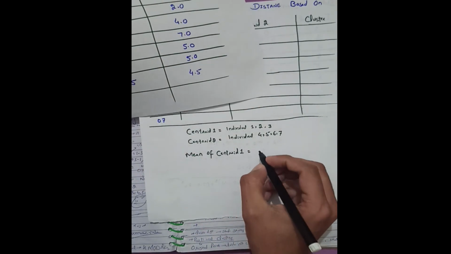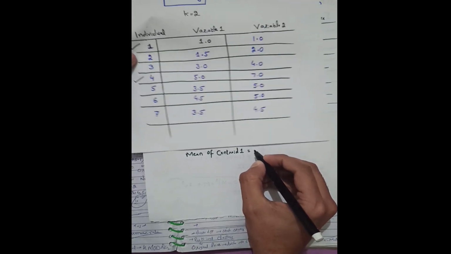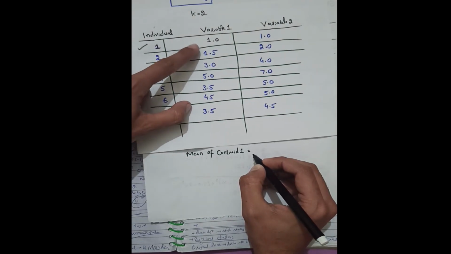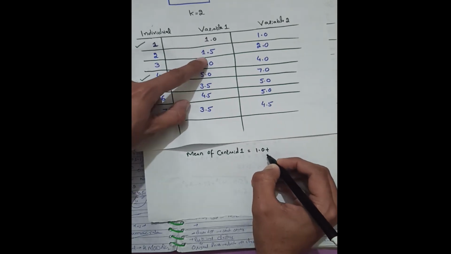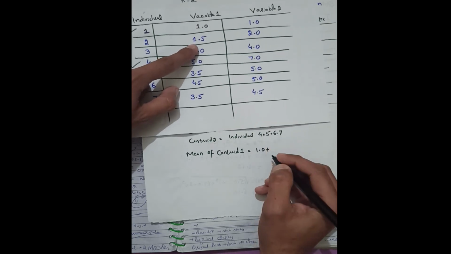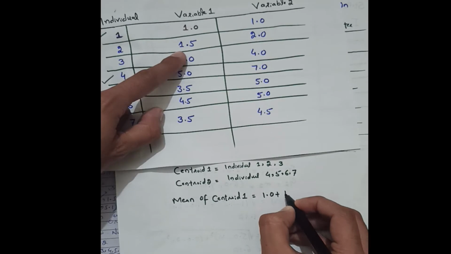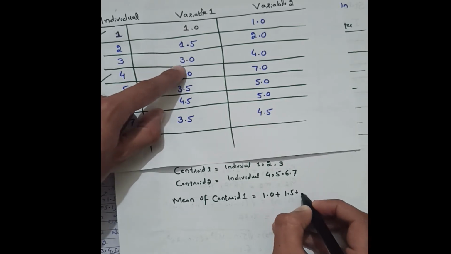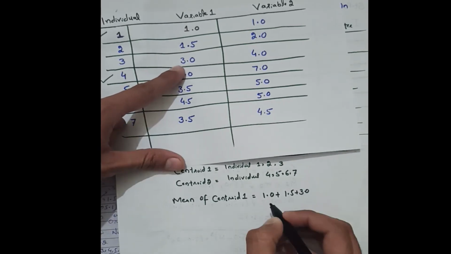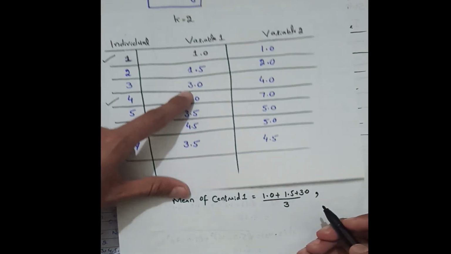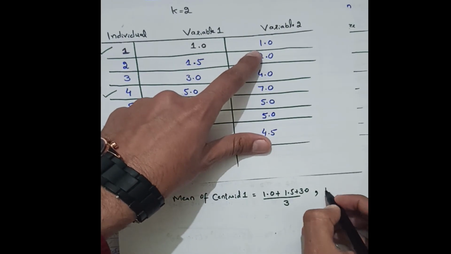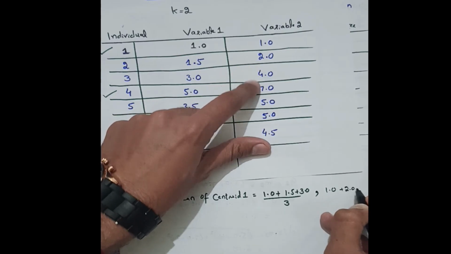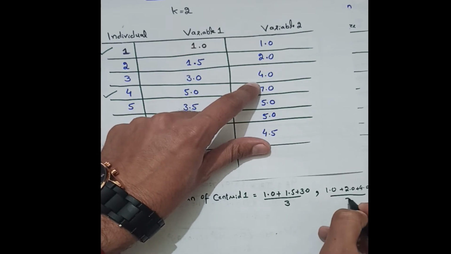So the mean is: the individual 1 first value, 1.0, plus individual 2 first value, 1.5, plus individual 3, which is 3.0, divided by 3 overall. Similarly for variable 2, the values are 1.0, then 2.0, then 4.0, and we divide by 3.